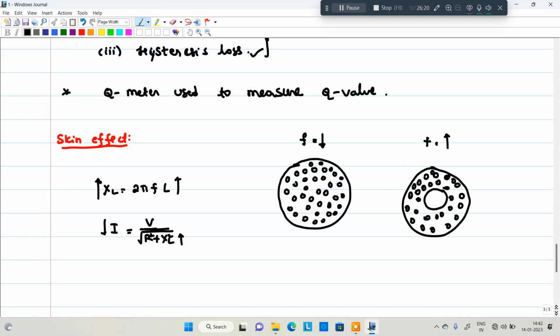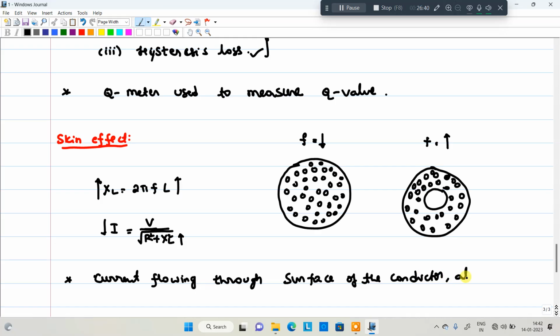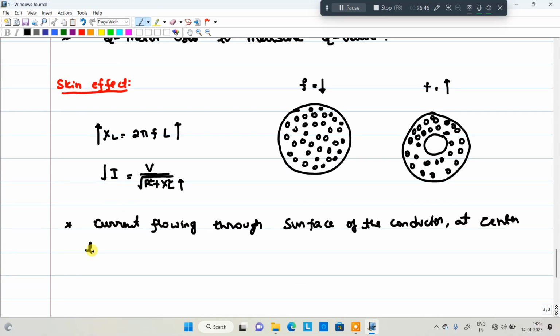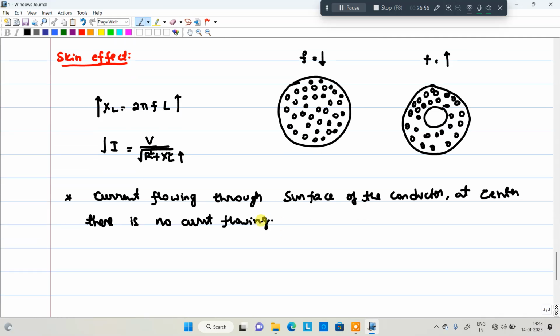So finally, skin effect is the concentration of current flowing through the surface of the conductor, while at the center there is no current flowing. This is the skin effect.